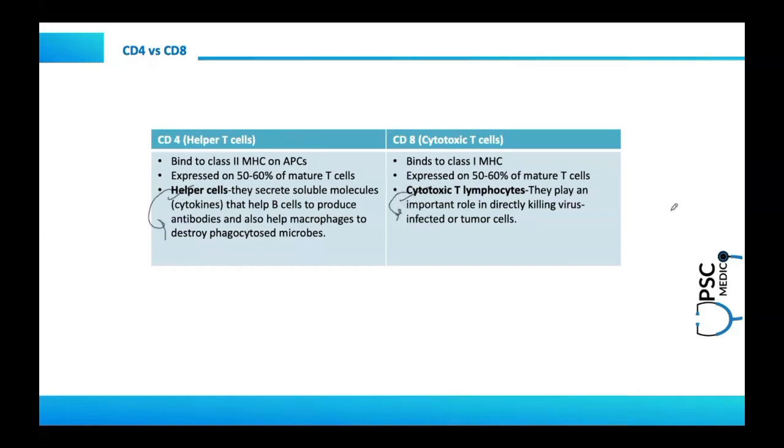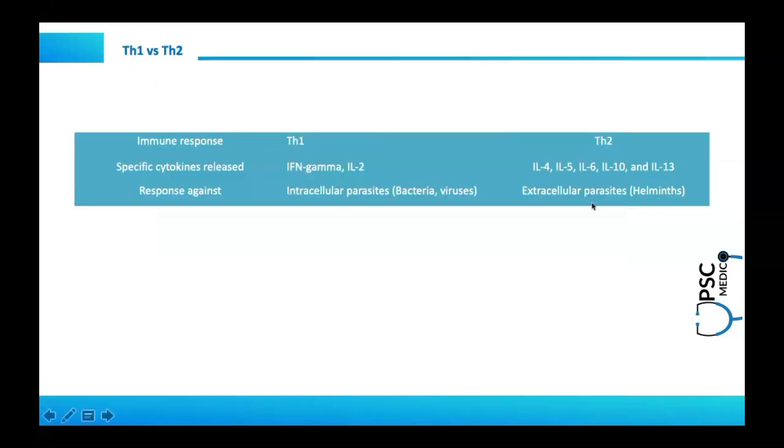Next is helper cells and cytotoxic T lymphocytes. Helper cells help in secretion of antibody by B cells. Cytotoxic T cells directly go and kill the virus infected or tumor cell. These are the differences between CD4 and CD8. What is T helper response? There are three kinds of T helper response: T helper 1, T helper 2, and T helper 17, which is not important.